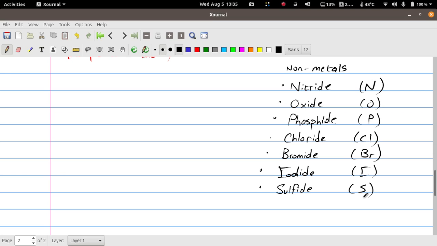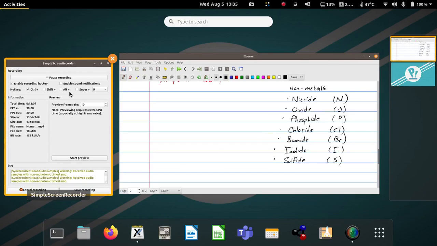Pretty much you're going to name the substance on the left, name the polyatomic ion on the right, with the exception of ammonium, not ammonia. I'm going to go over that a little later, but for right now, this should be good for covering ionic compounds. I'll continue with covalent in the next video, then I'm going to go over polyatomic ions, and then I will finish up with transition metals. So I will see you in the next video.